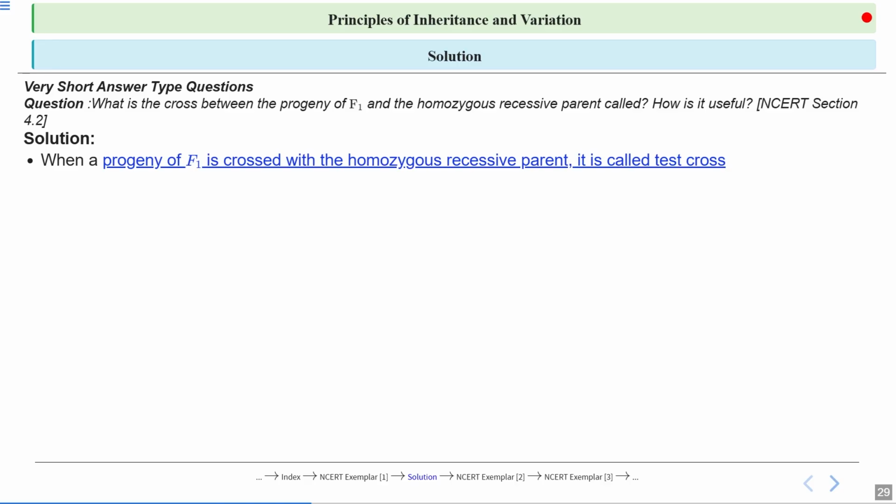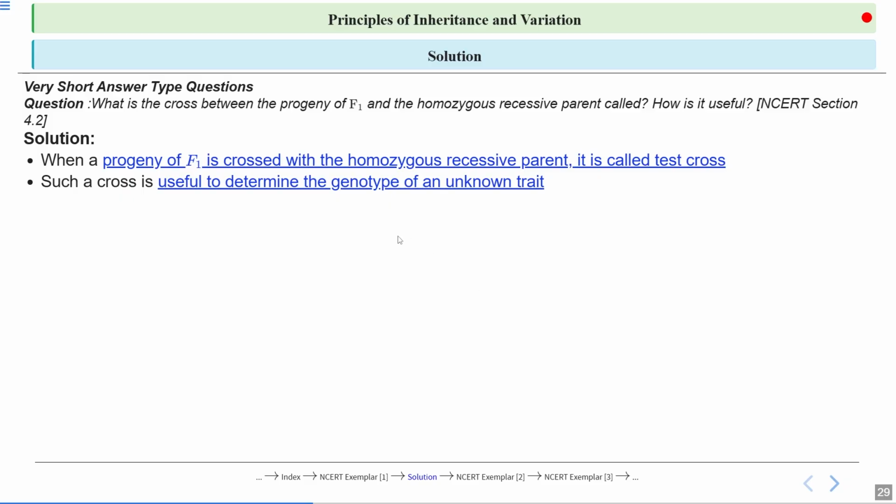When the F1 progeny is being crossed by the homozygous recessive parent, it is called test cross. Such a cross is useful to determine the genotype of an unknown trait. So why is test cross done? To determine the genotype of the organism which is having the dominant phenotype.